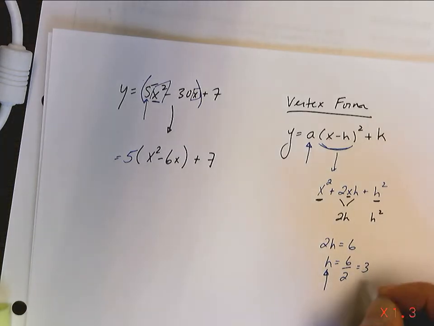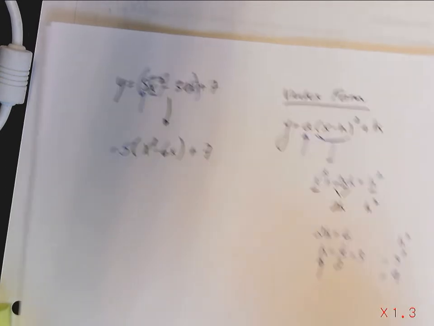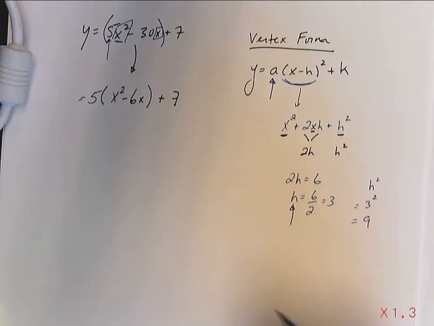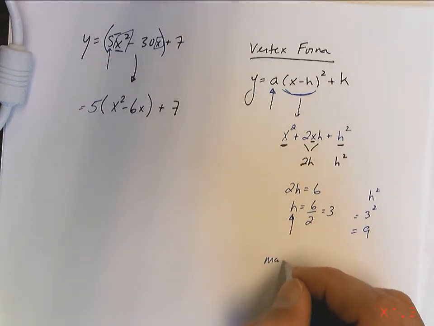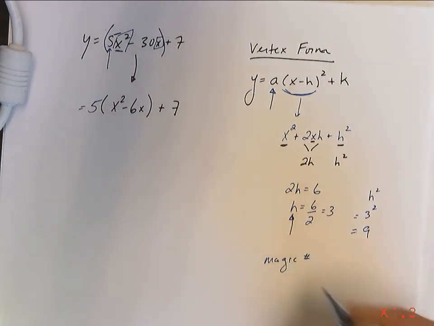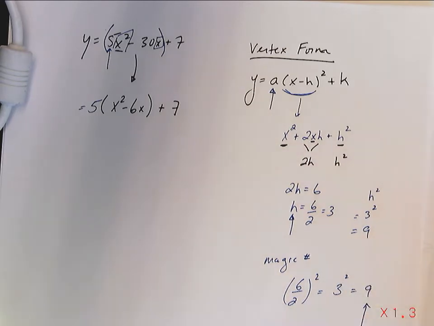So h squared, since h is 3, is going to be 3 squared. So when I do it quickly, what I do is I say, find the magic number. I take this value, and I divide it by 2, and then I square it. So 6 divided by 2 is 3, and it becomes 9. 9 is my magic number.